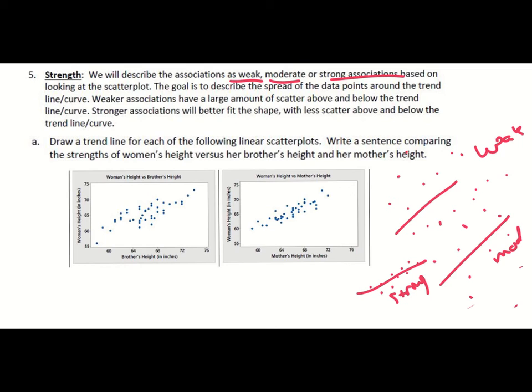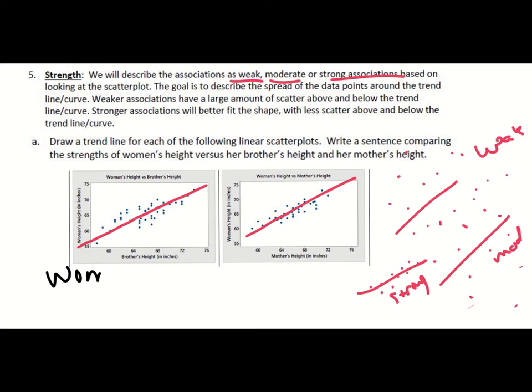So they want you to draw a trend line for these ones. So if I draw a trend line, and then it says write a sentence comparing the strength of the woman's height versus her brother's height and her mother's height. So if you compare the two, this has a stronger strength than this one.